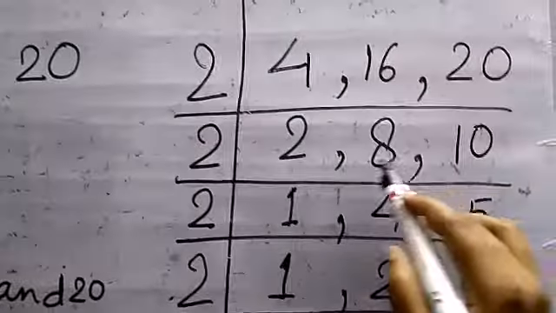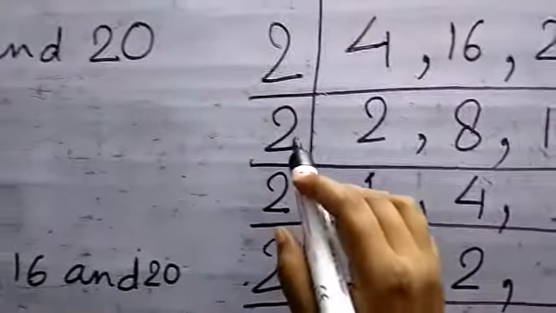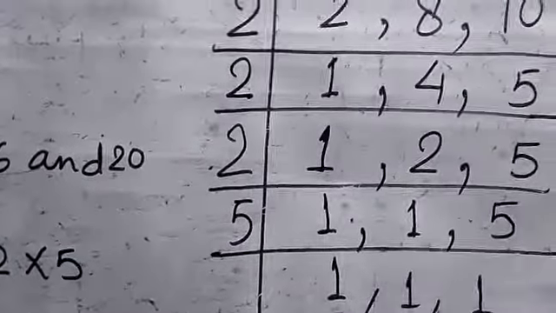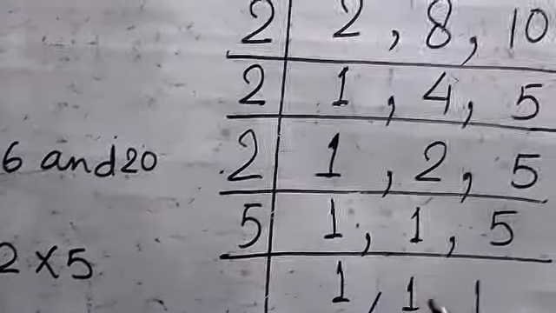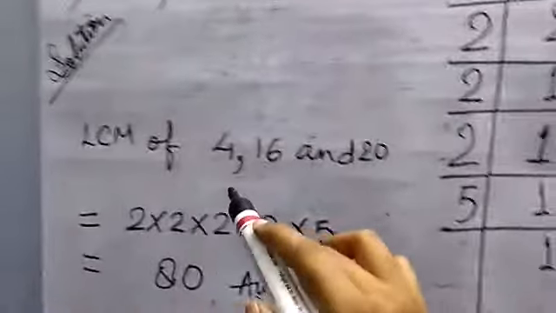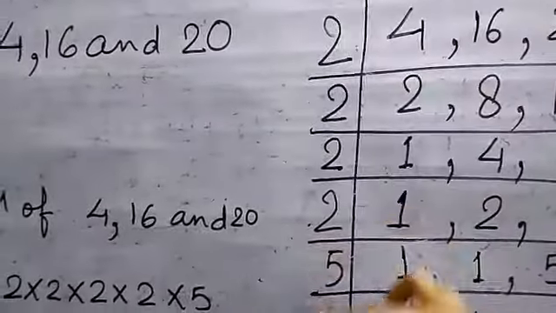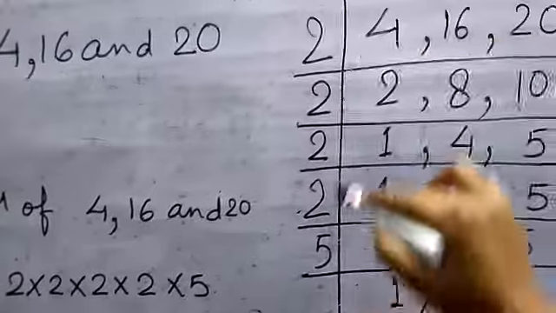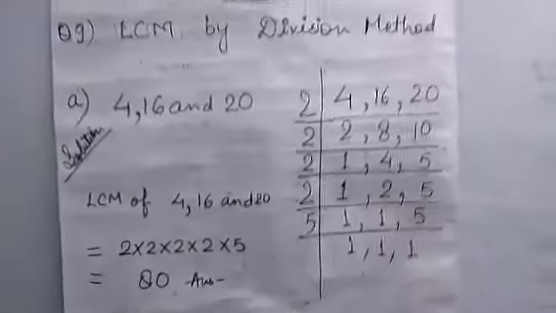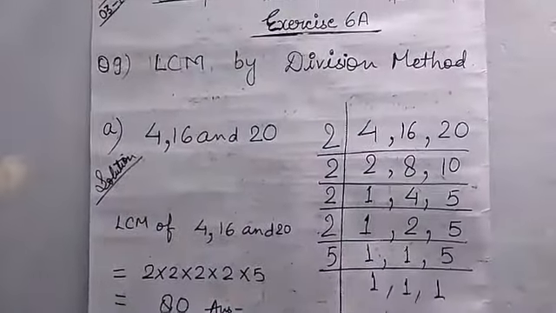If a number is not divisible by 2, then we try 3 here. जब तक के 1 नहीं मिल जाता है हम डिवीजन वाला प्रोसेस करते रहेंगे, either even number, either odd number, okay. And for getting LCM, you only write these factors and find the multiplication of these factors, then we get the LCM. So this is LCM by division method.